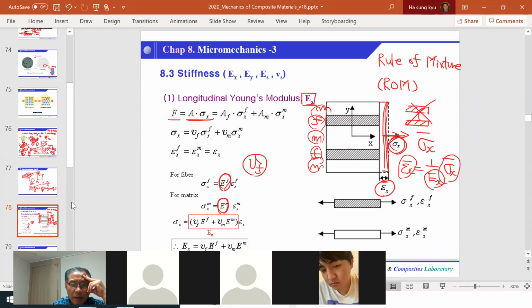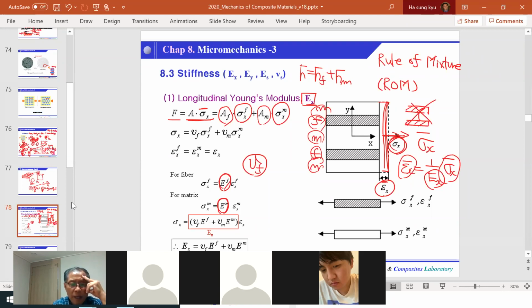Sigma x is again the applied macro-level stress multiplied by the total cross section, which is the same as the stress in the fiber multiplied by the fiber cross section, plus the stress of the resin or matrix multiplied by the cross section of the matrix. So simply this F is the fiber force plus the force from the resin matrix.